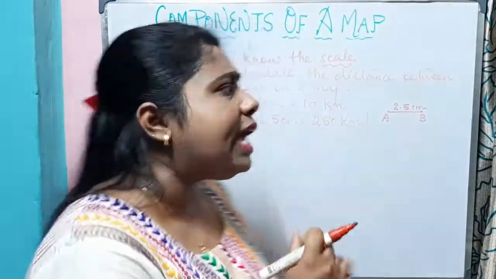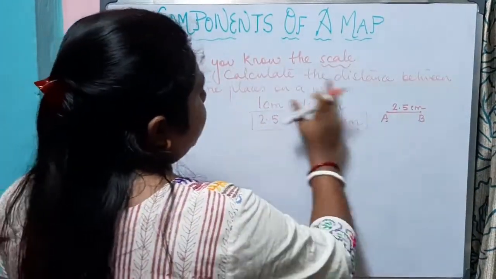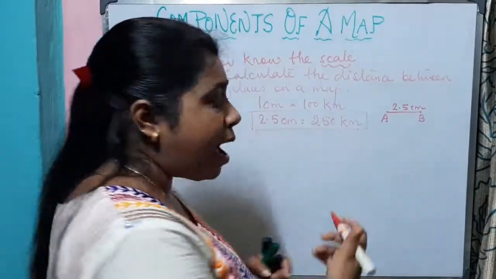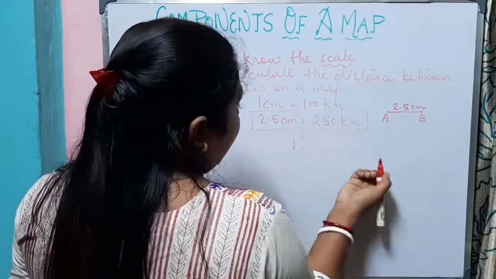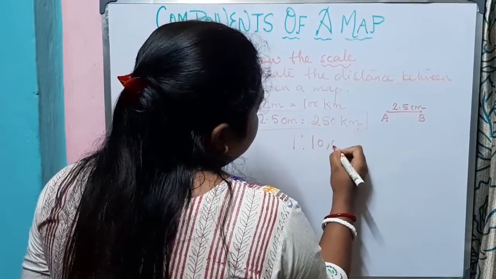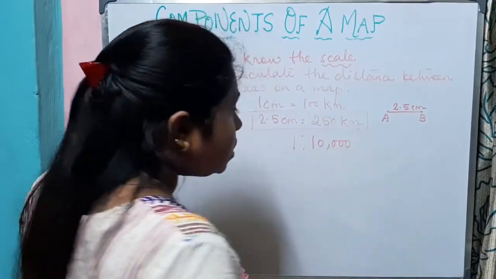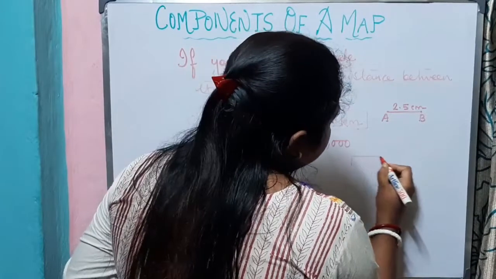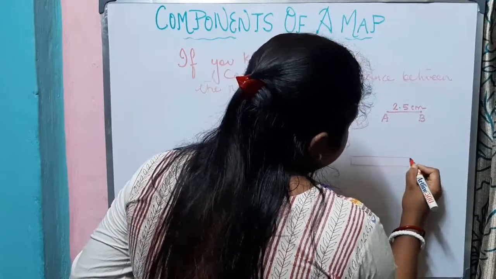When you look at a map, you will see that in one map, the scale is shown as 1 centimeter equals 100 kilometers. In some other map, the scale is shown as 1:10,000, or it can be shown in this way.